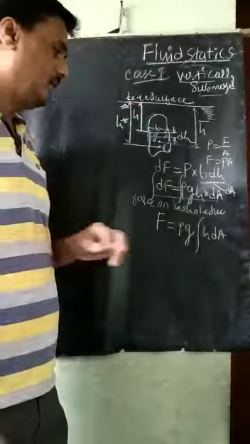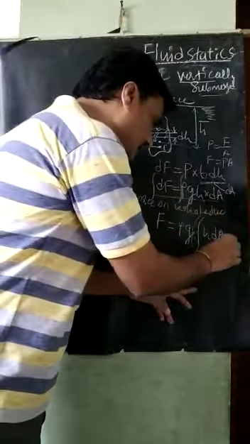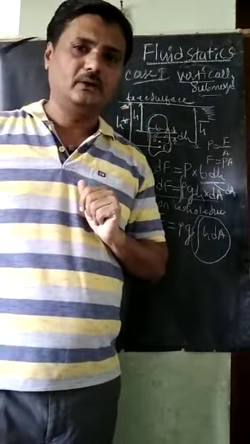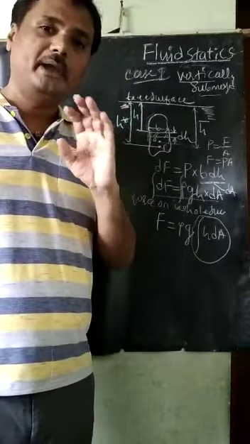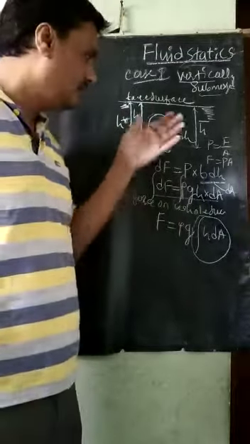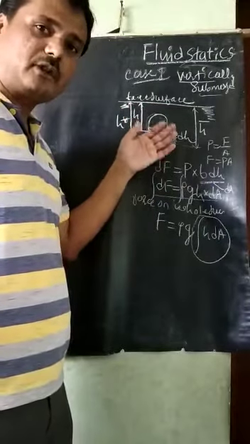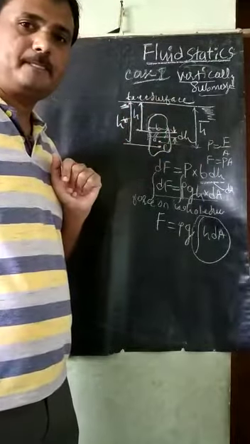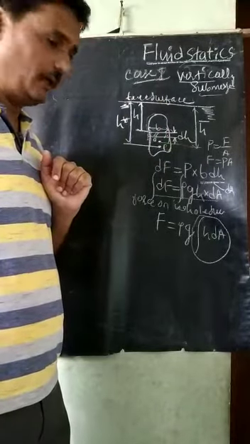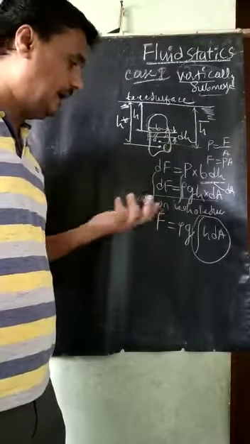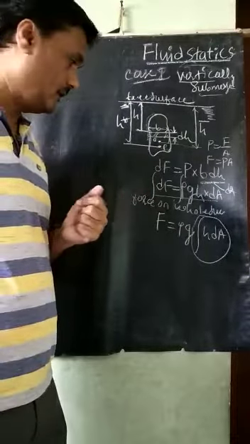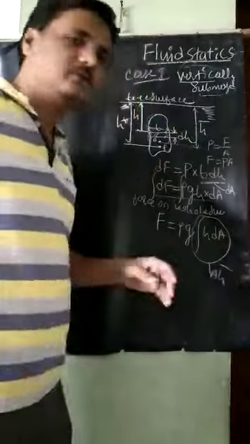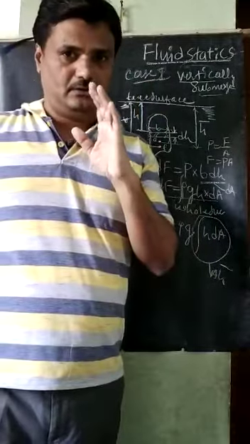What am I getting here? This h dA is nothing but the moment of the plane surface or strip about the free surface. So this can be indicated as A h bar.